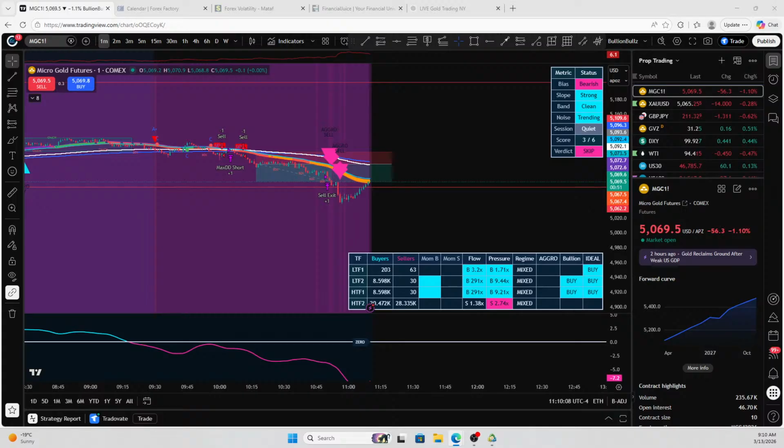As you can see, buyers have started to step in. We already went above the previous day low. So price broke out of the previous day range and now went back inside the previous day range. Pressure is starting to push up.